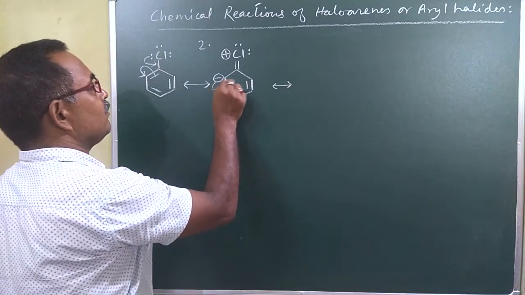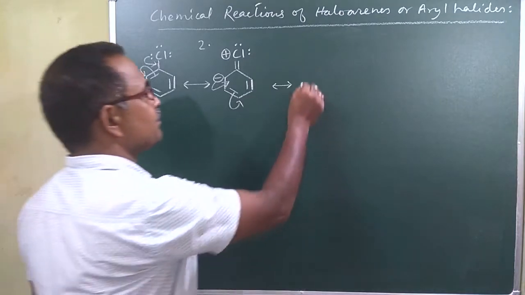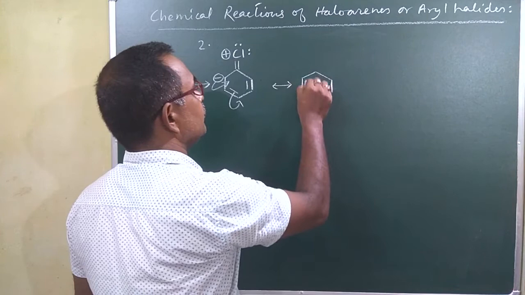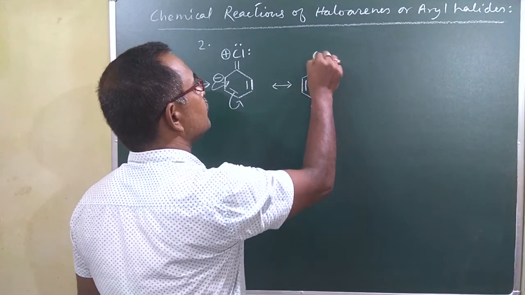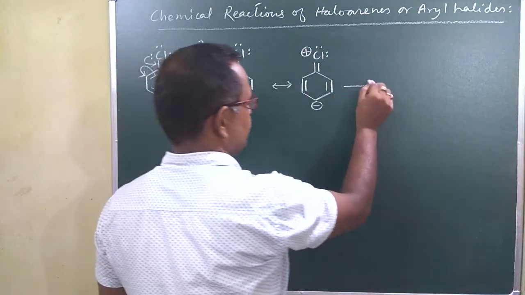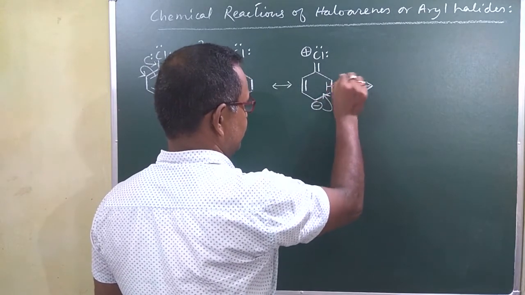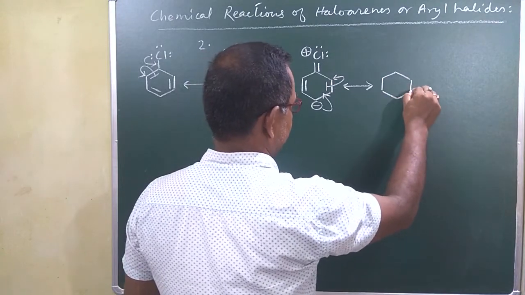Then there will be another resonance structure like this. Another resonance structure will be possible. That structure is this one.